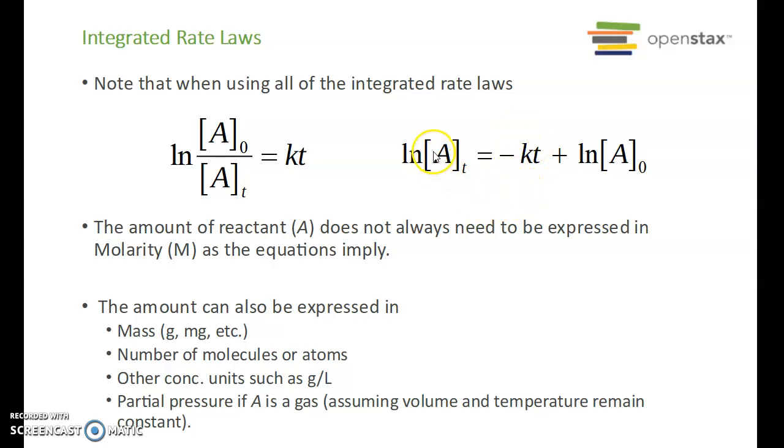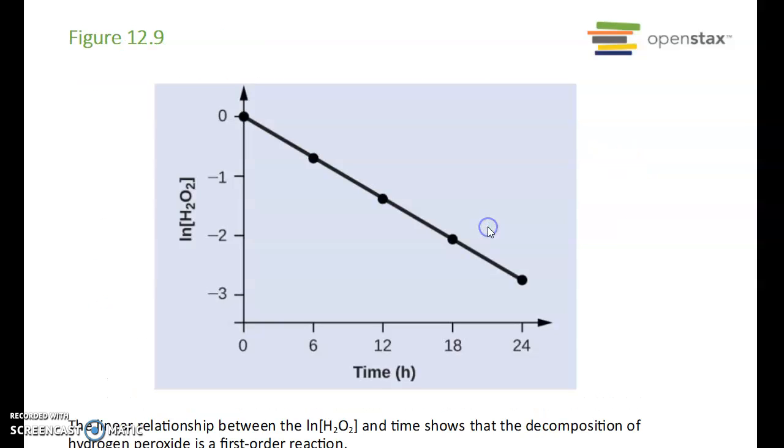You're not looking at what these values are in and of themselves. As long as these are both consistent in terms of either mass or moles or partial pressure or whatever, you will have a very good way of determining what your rate constant is.